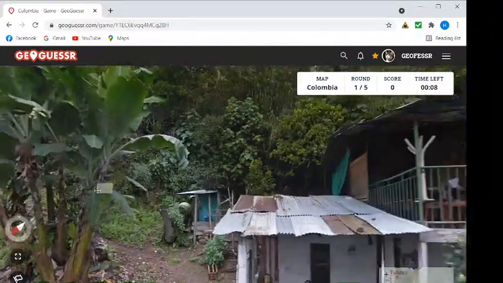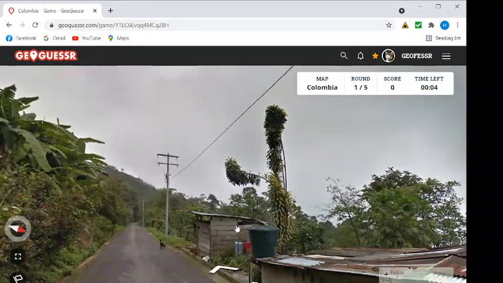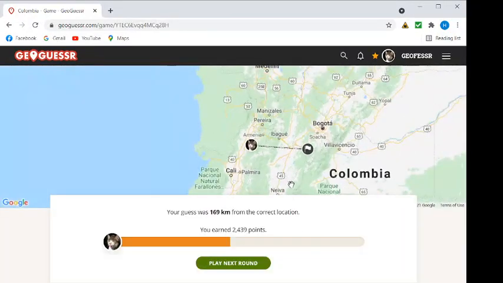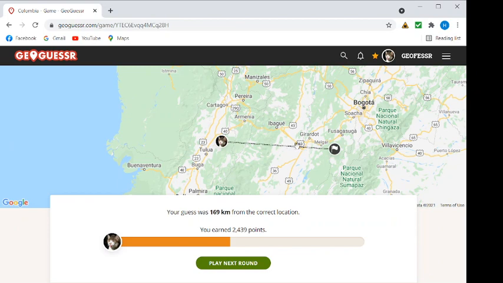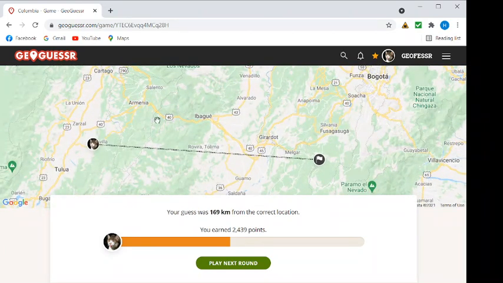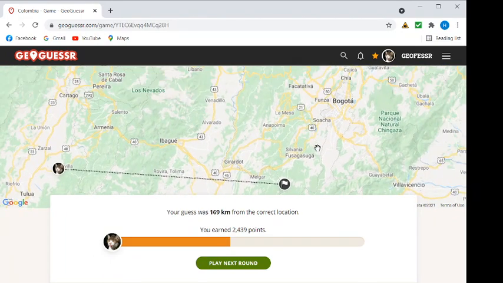Okay, there's more bananas. That's an interesting tree there. I wonder what that is. Okay, so I didn't have very much in the way of geographic clues at all. It did drop off into a valley here, but it was more in the area around Bogota.